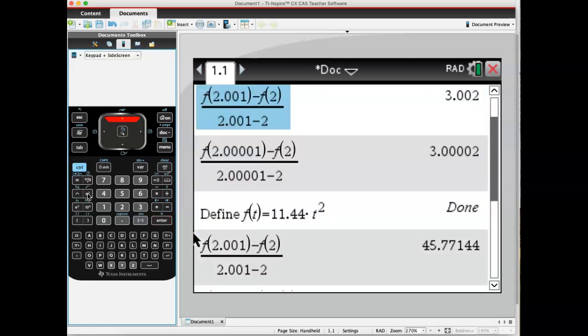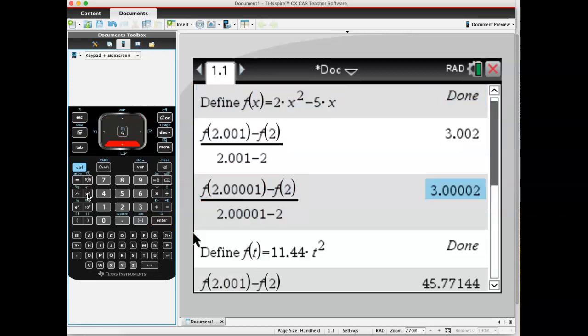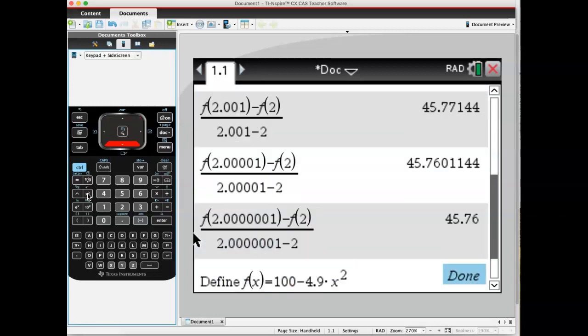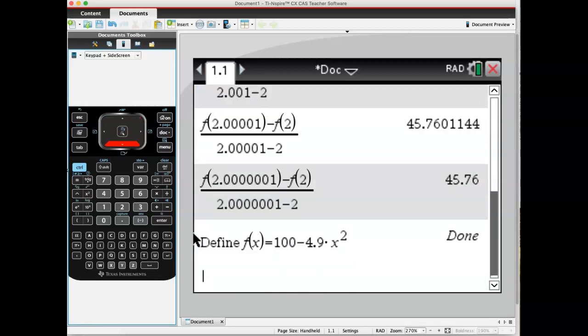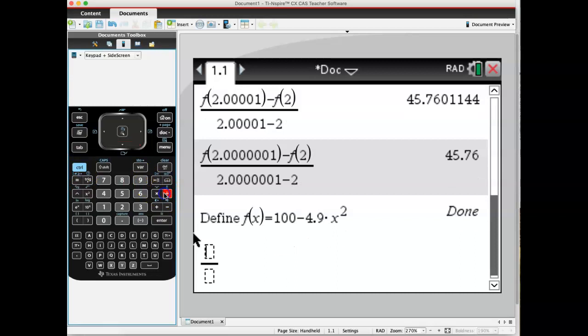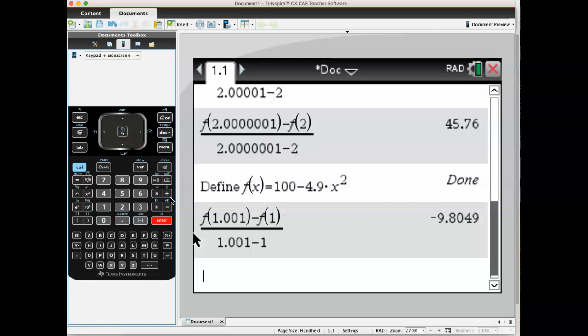Did I do one with 1? Crap, I didn't do one with 1. So all I'm going to do is I'm going to give it the old control divide, and I'm going to say f of 1.001 minus f of 1, over 1.001 minus 1, bada bing, bada boo.